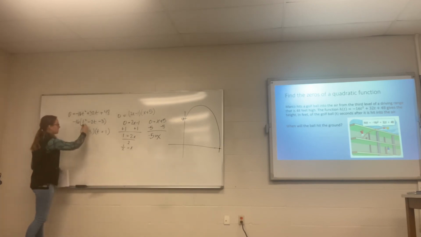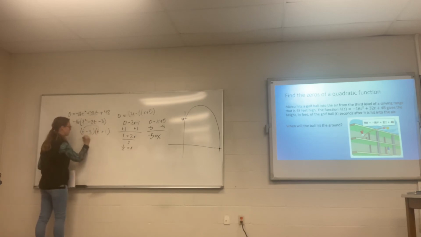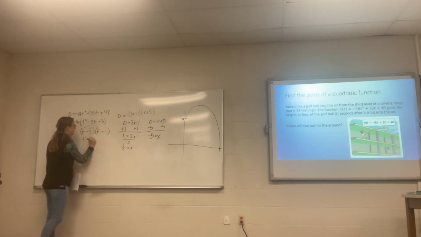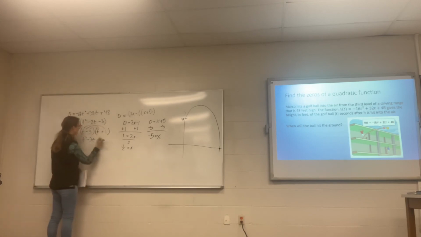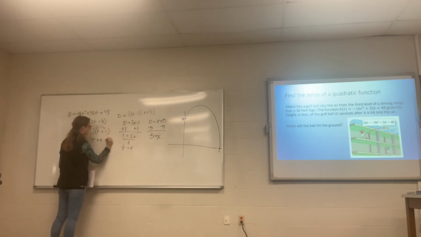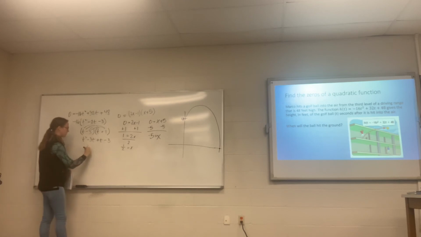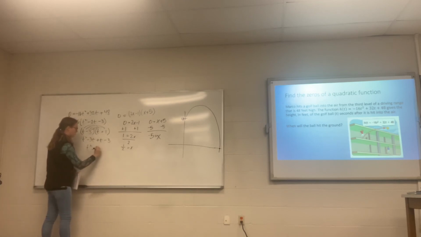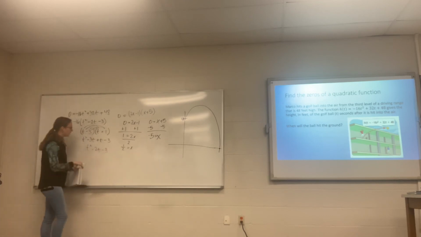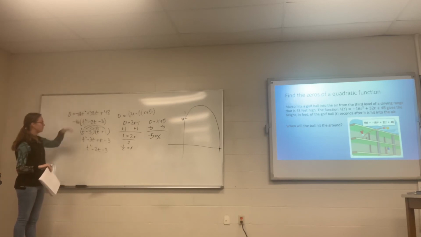So if I take t times t, that gives me t squared. Negative 3 times t gives me negative 3t. T times 1 is going to give me t. And negative 3 times 1 gives me negative 3. Now if I combine my like terms, I'm going to have t squared minus 2t minus 3, which is what I needed right here.